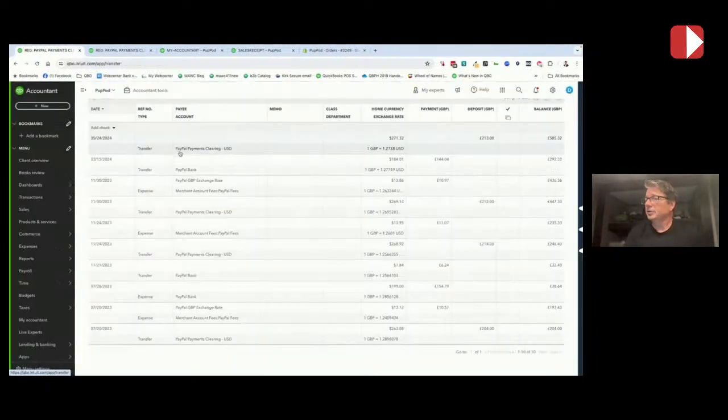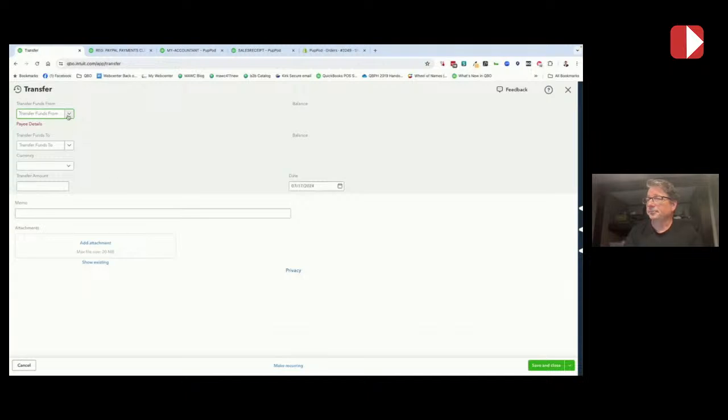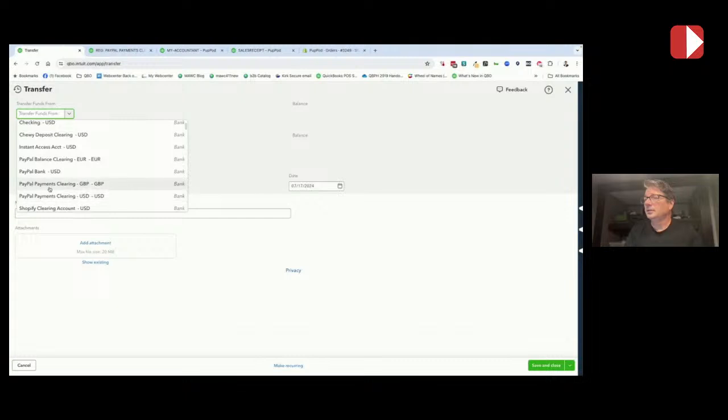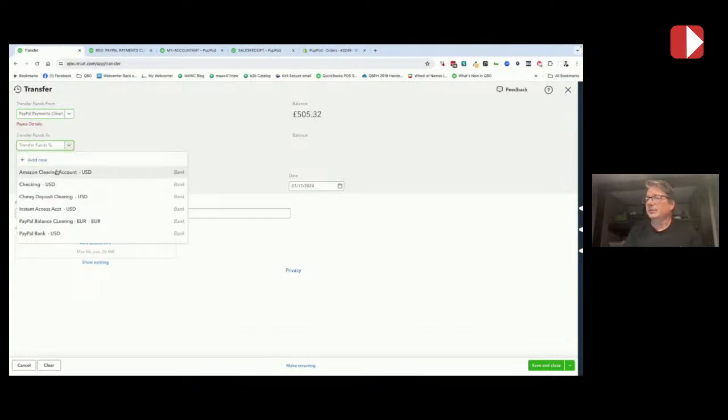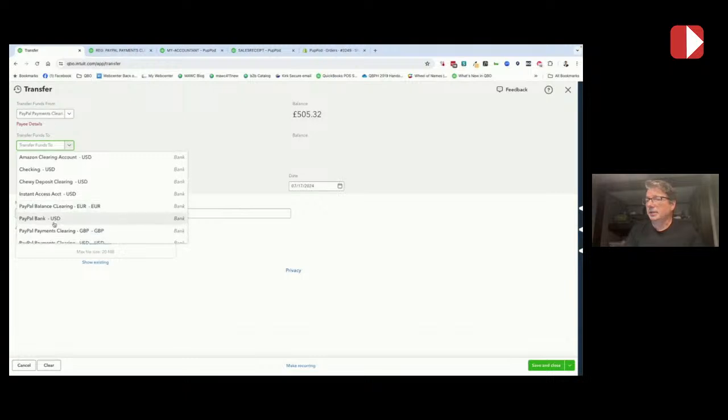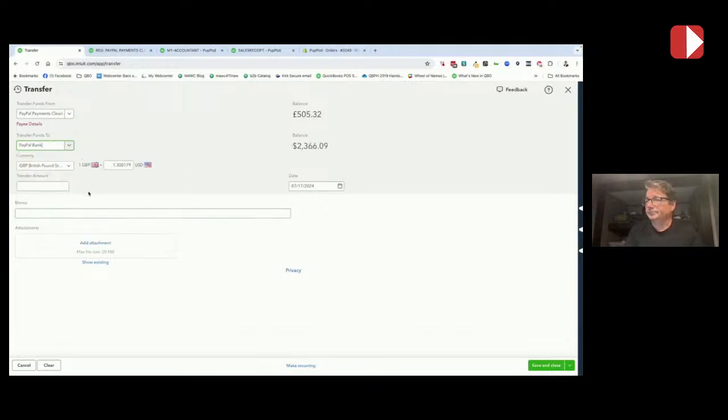So I was going to do a transfer here. It's going to be coming from the GBP account, and then we're going to be putting it into the PayPal US dollar account, right? Now, right now, the exchange rate is 1.30 pounds to dollars.